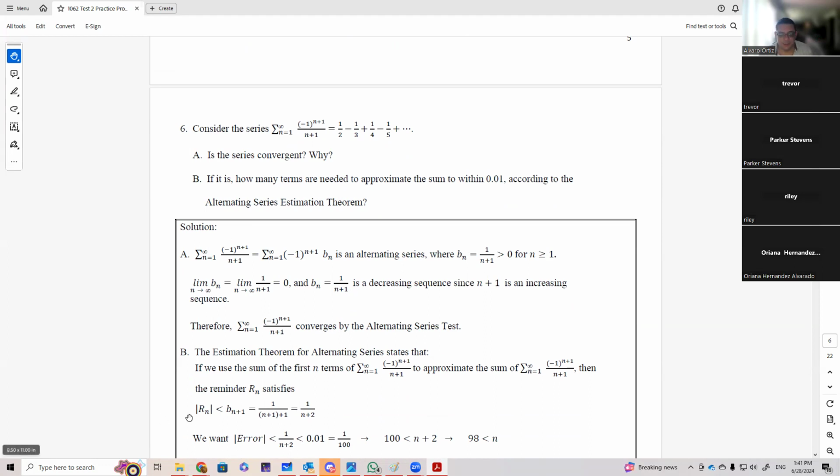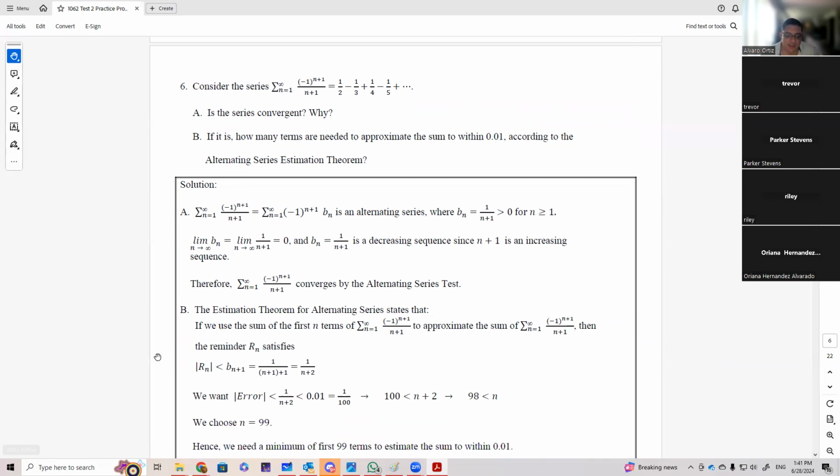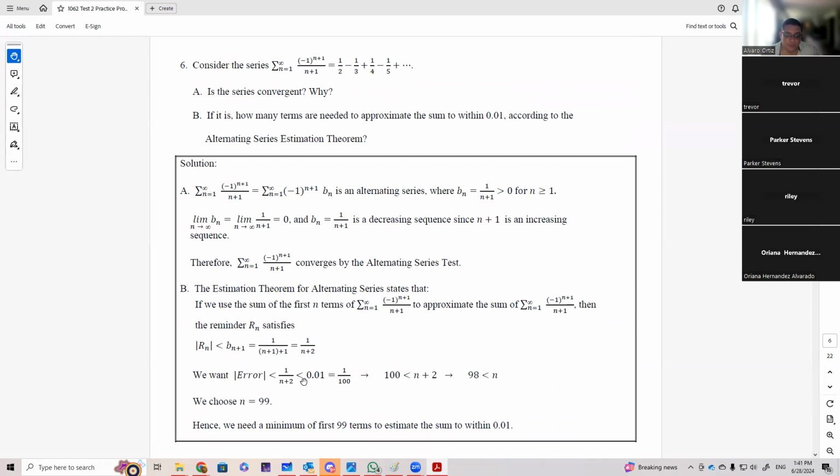And the error between the full sum of the series and the partial sum, the error R_n, is less than the n plus 1 term, which is very simple. So the estimation here for the alternating series says that the absolute value of R_n is less than the n plus 1 term, which in this case is 1/(n+2).